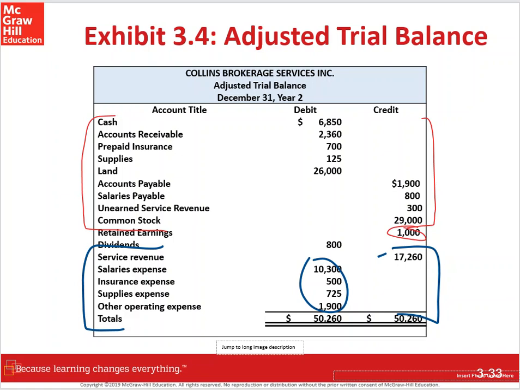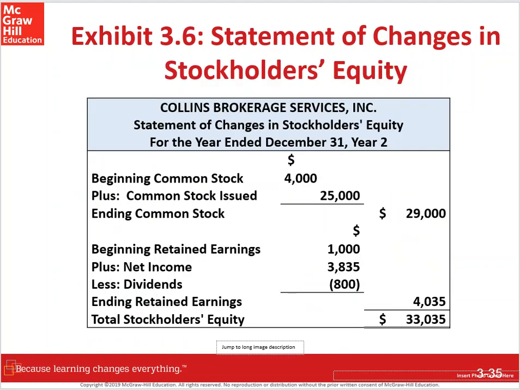We're going to need to get our ending retained earnings balance from our statement of changes in equity. So all of this is fine for assets, liabilities, and even common stock. And sometimes I'll say, just take your assets and liabilities. So even just stop right here and then grab the other numbers from your statement of changes in equity. This is your equity section of the balance sheet right there. And then you're ready to do your balance sheet.